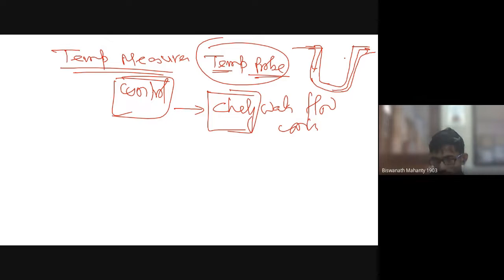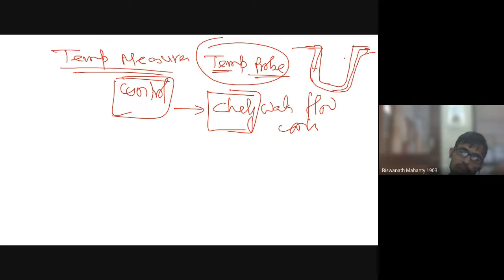In most cases, measurement and control are coupled. Temperature will be measured and sent to the controller. The controller, a PID controller, will try to close this temperature gap and will activate the chilling water pump. So the strategy may differ.